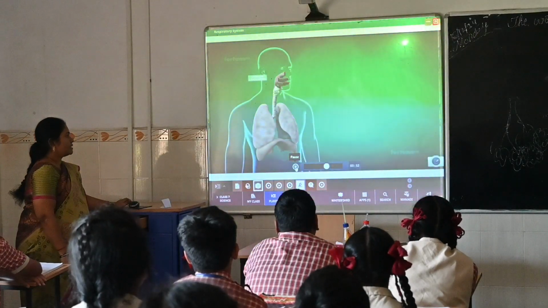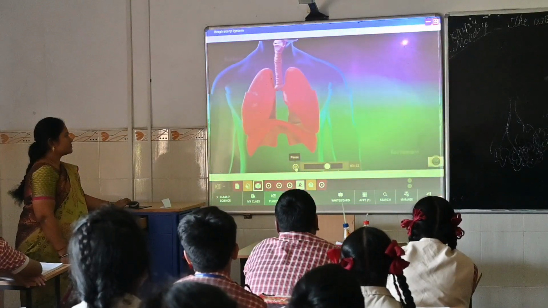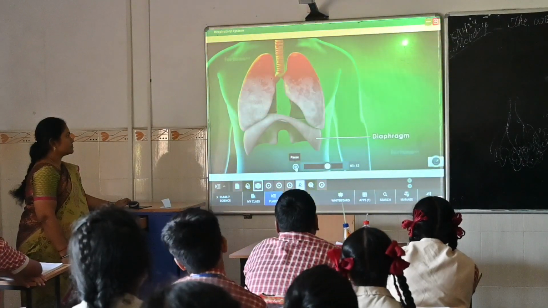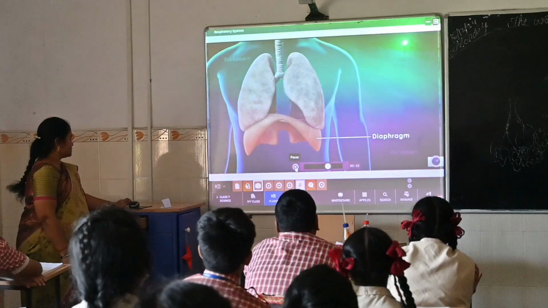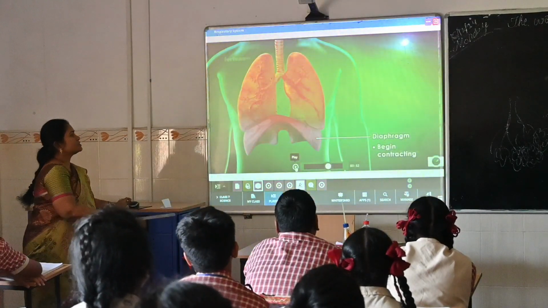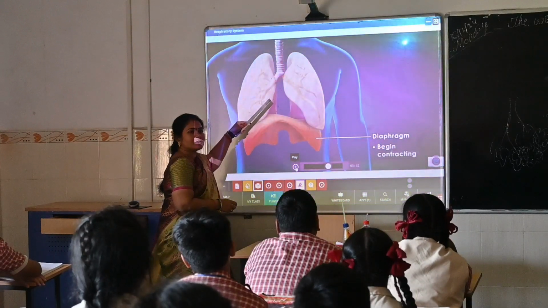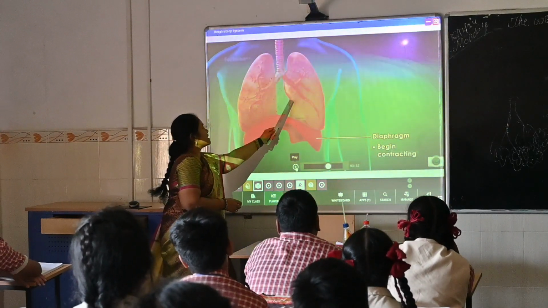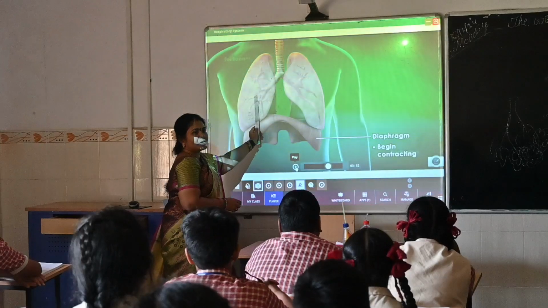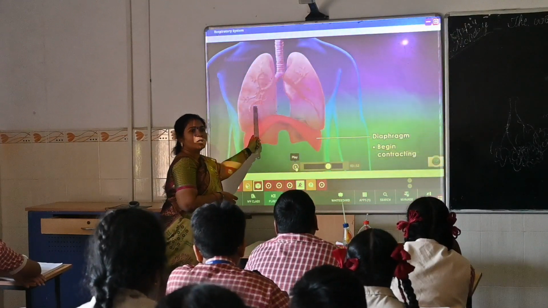Now let's take a look at what's actually taking place when you breathe. As you breathe in, the diaphragm, a muscle lying across the bottom of the chest cavity, will begin contracting. So when it starts contracting, what happens? The air is entering into your lungs. It is making space here. In between, the lungs get expanded and air enters into your lungs.